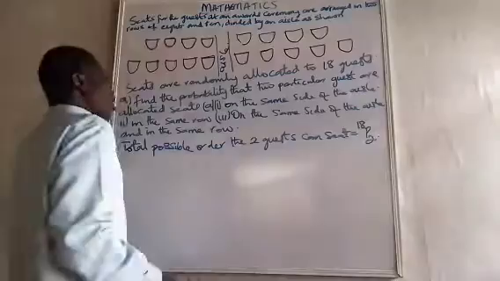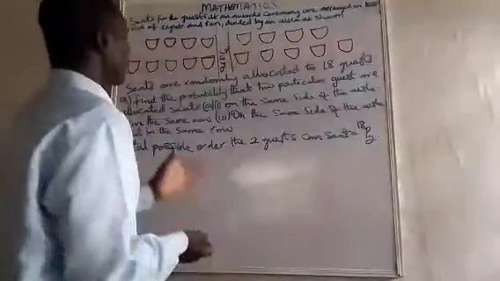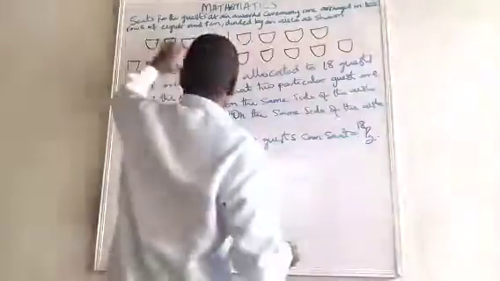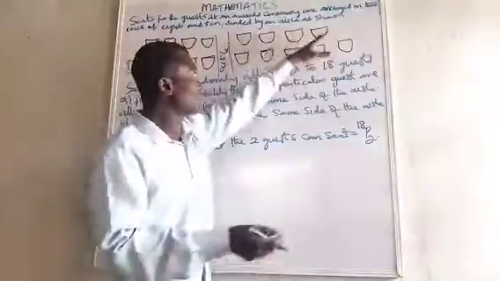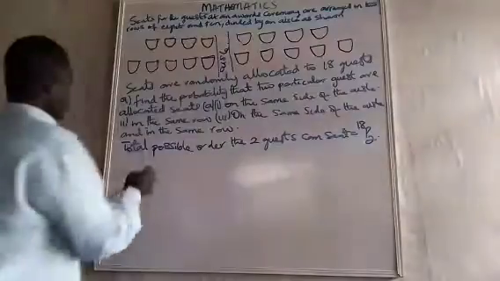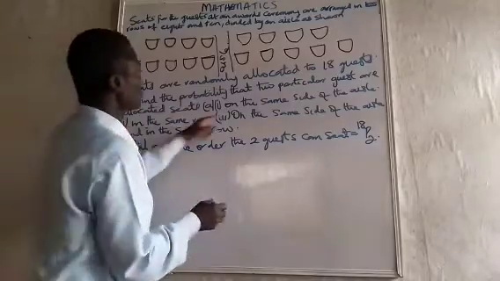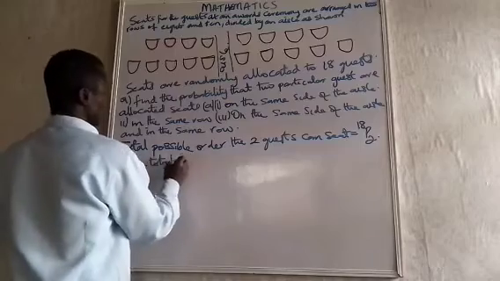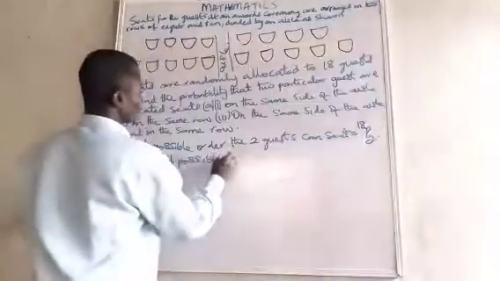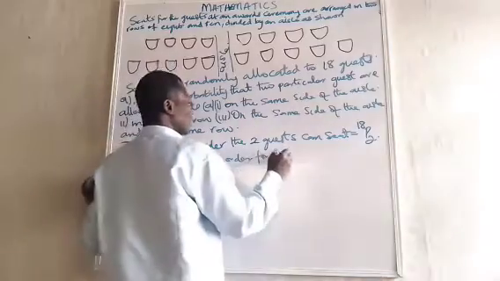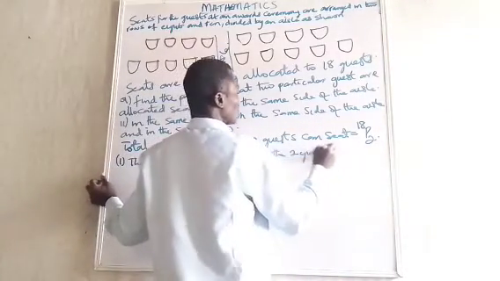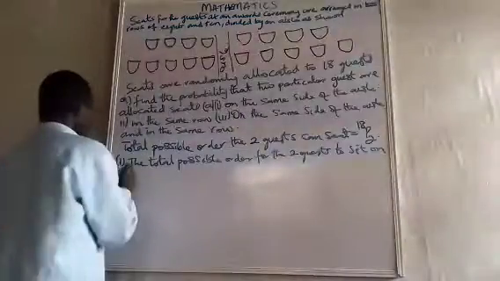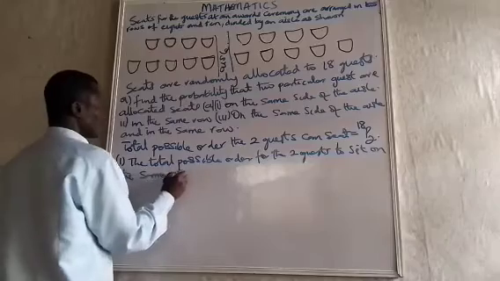Now, if they sit on the same side of the arrow, that is, the 2 of them sit here, or the 2 of them sit here, they can sit in any order in these 9 seats and in these 9 seats. So, the total possible order for the 2 guests to sit on the same side.